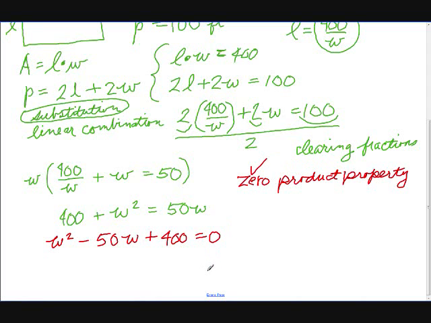So I've got the 0. I don't have the product. Yikes. All right, let's think about it. Are there two factors of 400 that when I add them up will equal 50? Let's think about factors of 400. Oh my goodness, it's got to be a negative.